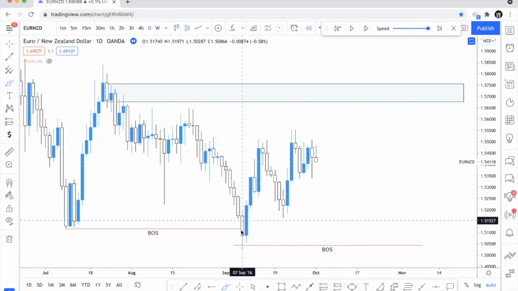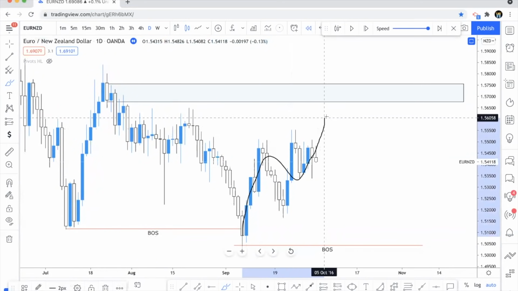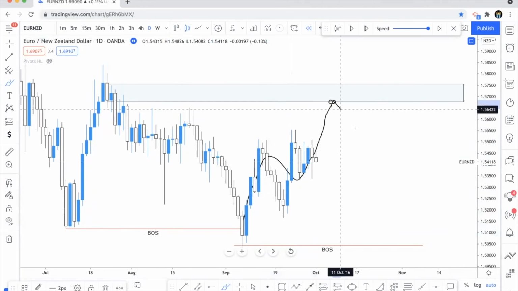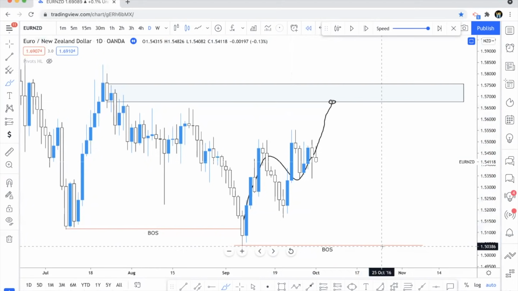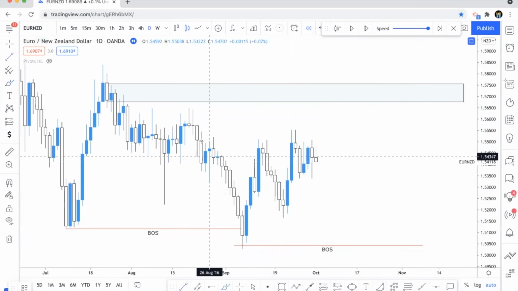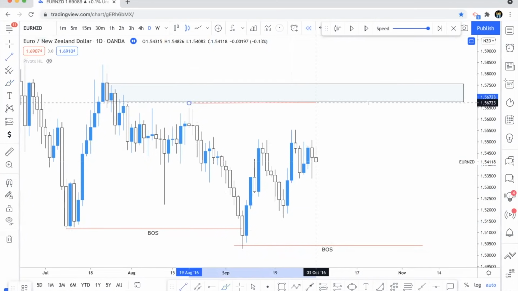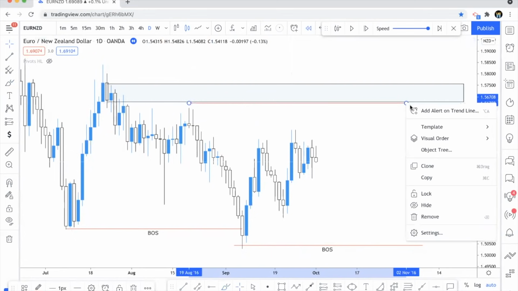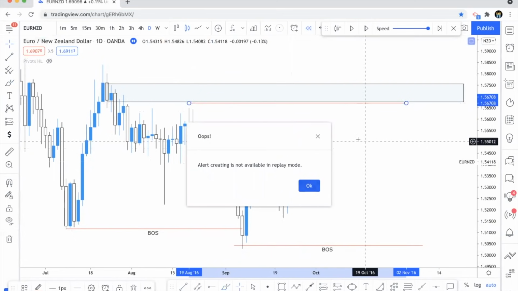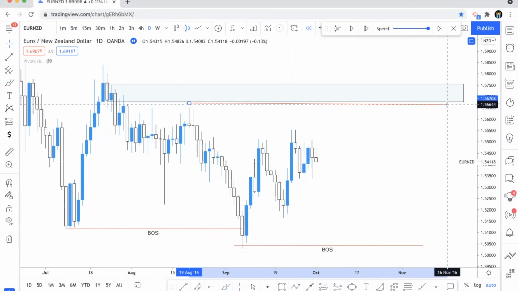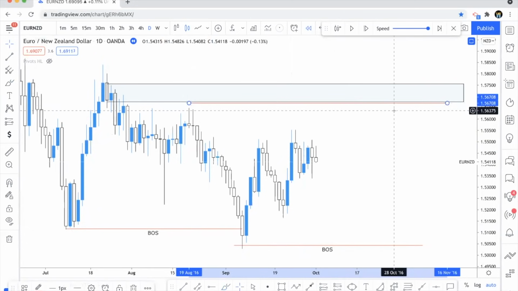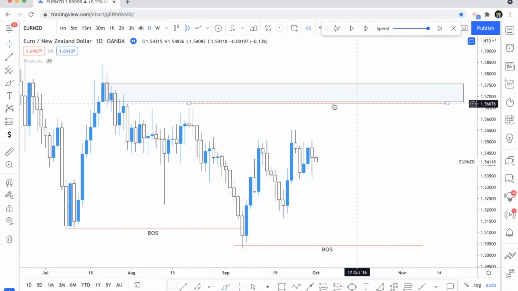Then we're going to be very patient and wait for the market to come back to that order block eventually and tap us in to take price down. What I normally do is put a line, like a notification, to let me know when price gets there. I can't put a notification because we're on replay, but normally I would put a notification bell here and wait for the market to retrace all the way back up.